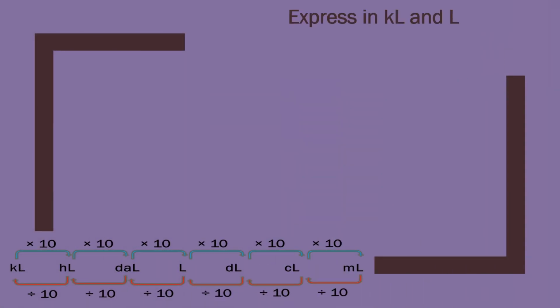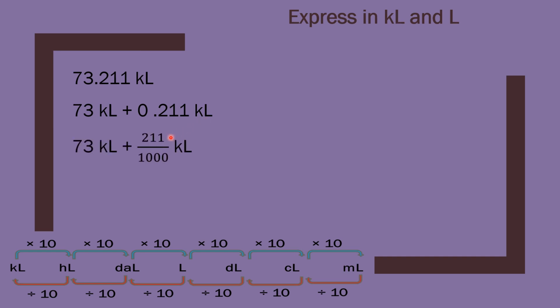Now express in kiloliter and liter. Here is your question. 73.211 kiloliter. At first we will write this into two parts. 73 kiloliter plus 0.211 kiloliter. This whole number part we will write as it is, and we will just convert this decimal part into liter. So at first we will convert this decimal into fraction, and it is 211 by 1000 kiloliter.